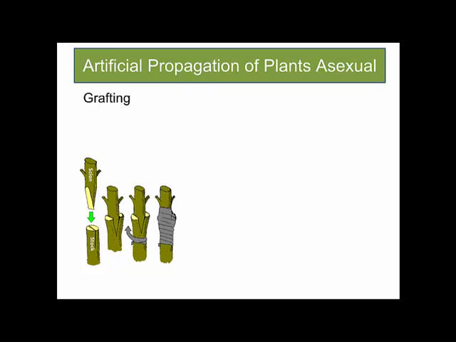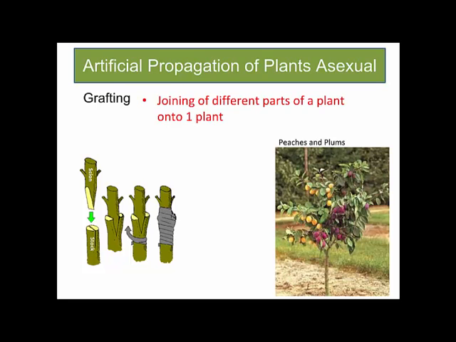There's special tape you wrap it up with, and over a period of time, it will heal. The vascular tissue will heal, and you'll actually have two different plants, one on the bottom providing the roots, and one on the top. This is often used in fruit trees.